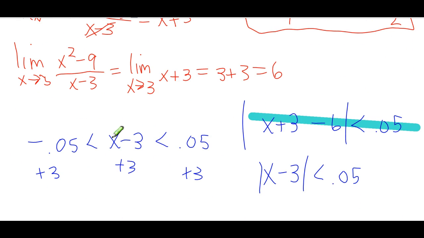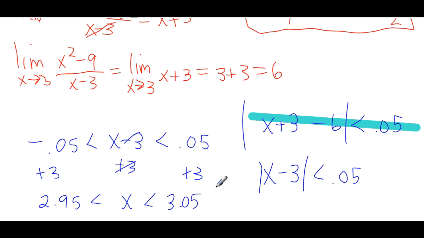Which ultimately leads to this statement here: 3 minus 0.05 is 2.95, is less than x, now the minus 3 and the plus 3 cancel, is less than 3.05.